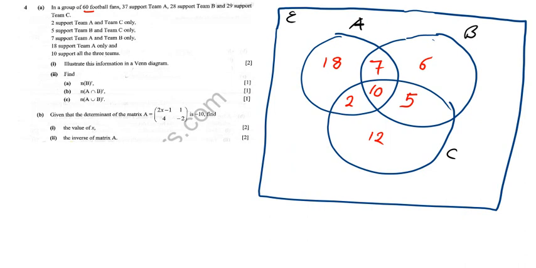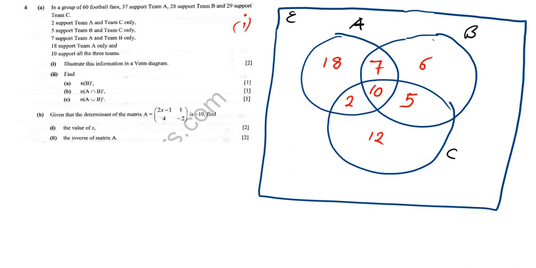We're getting 60. So there's nothing to write in our universal set because we are getting the 60 which we were given. So for part 1 we are done.